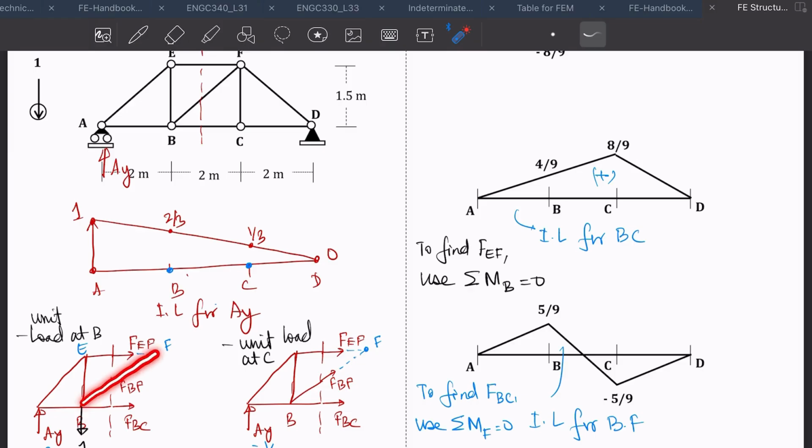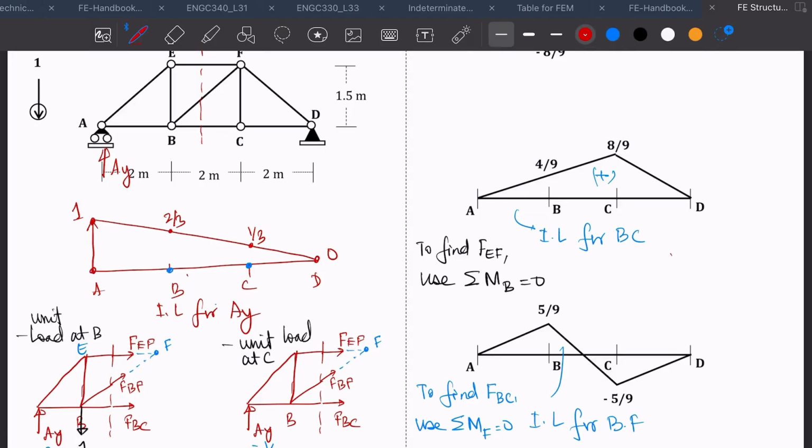Because you see that FBF and FEF will produce 0 moment. So if you take a moment about F, you'll see that FBC will produce a counterclockwise moment, and the AY reaction will produce a clockwise moment. So if you take a moment about F, you can find FBC because you already know AY. Okay, so that's a trick.